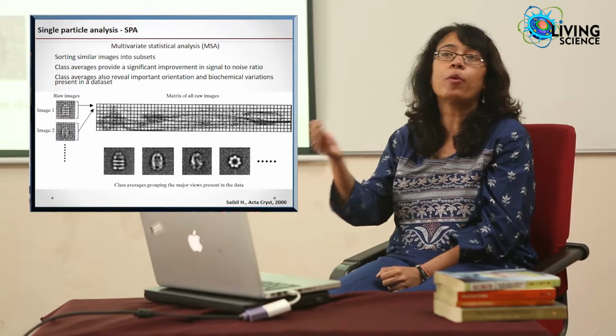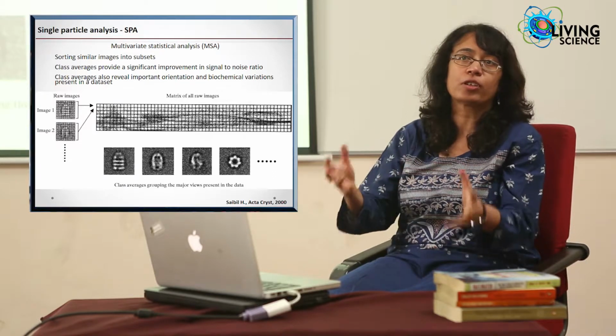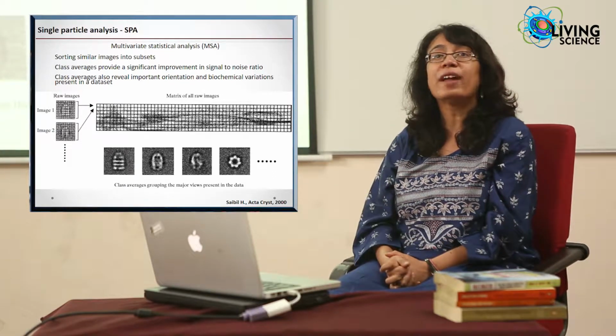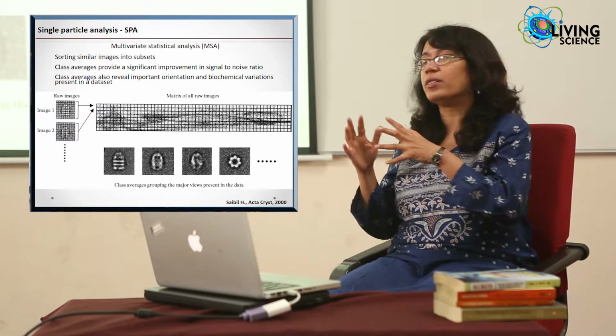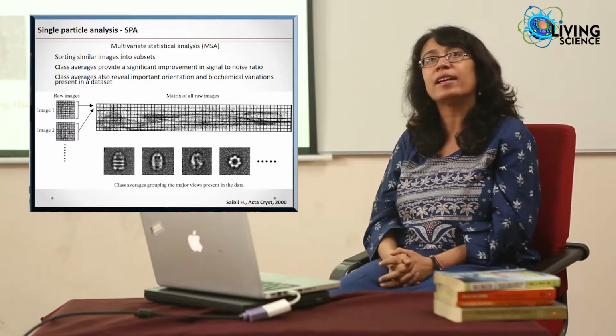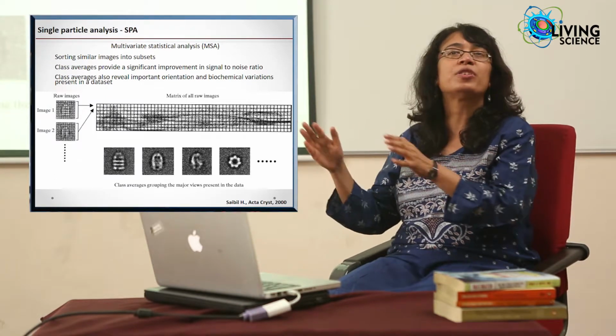Essentially, it's very important that the biological molecule is in random orientations. All of these random orientations or images are captured, and these are then sorted into subsets.